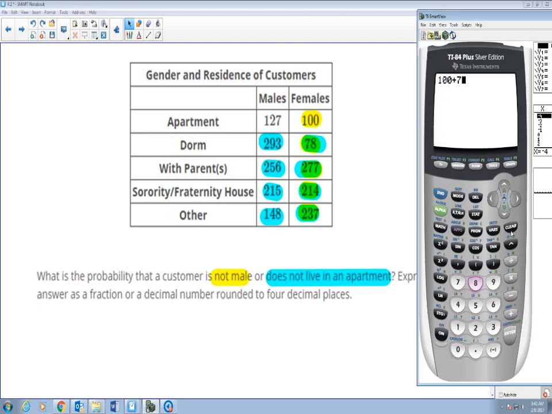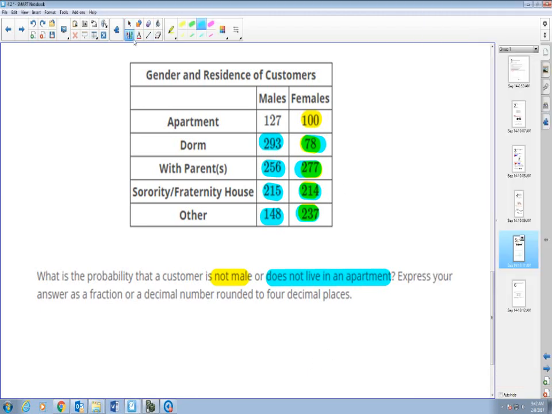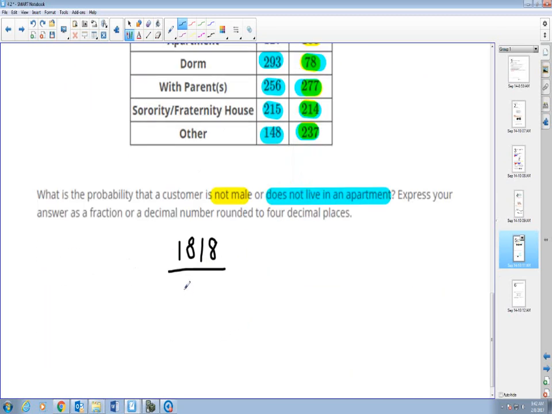So the 100 plus 78 plus 277 plus 214 plus 237 plus the 293, 256, 215, and the 148. So that will be 1818 out of the 1495.